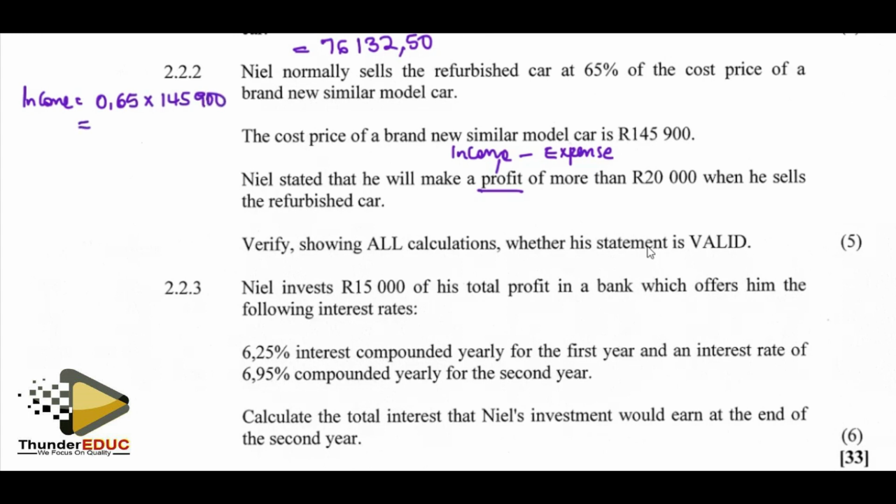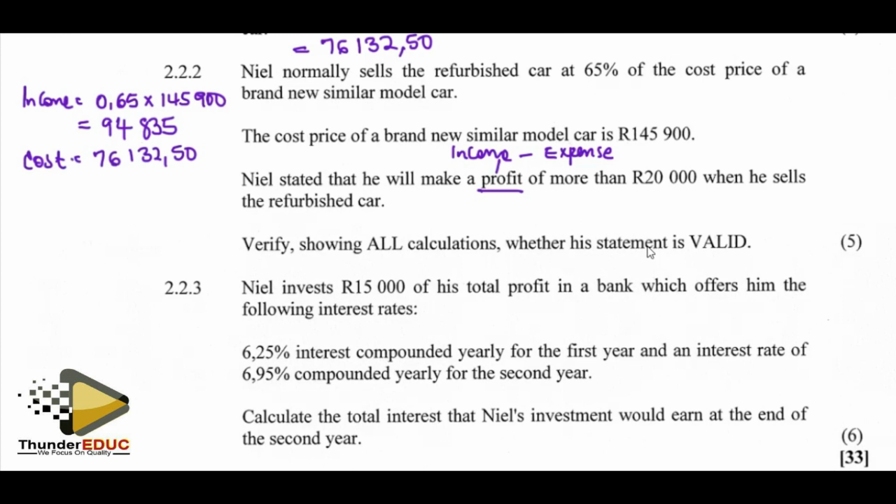So the income here is 94,835. So the expense or the cost you said is 76,132.50.